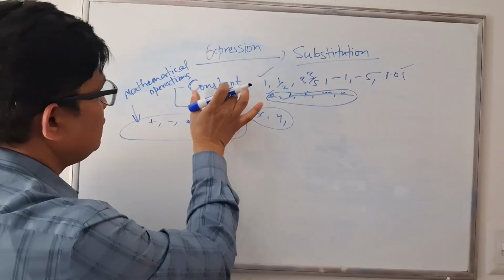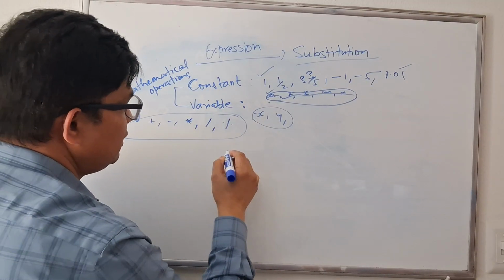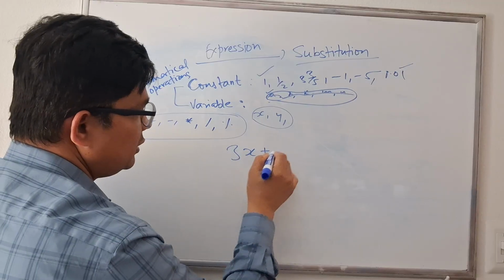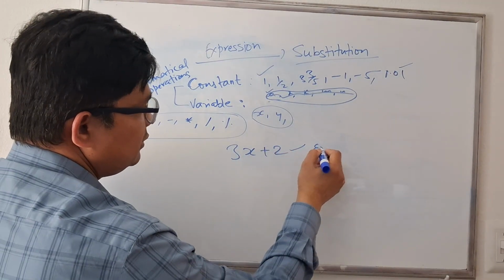So if you use constants and variables, and let's say you write 3x plus 2, it's an expression.